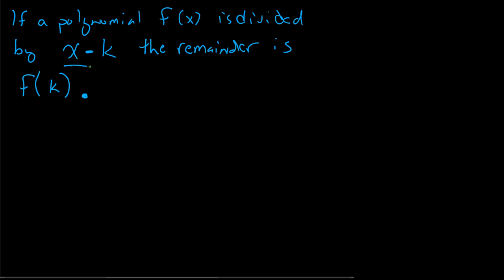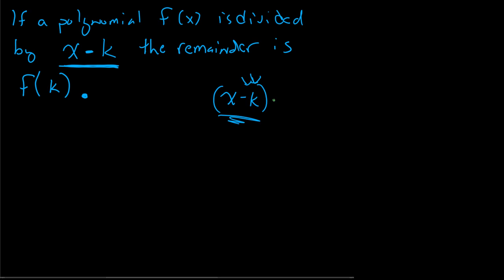Notice this. x minus k is a factor. In fact, it's a factor that we can look at, hey, k could be a root or a zero, this thing we're working towards using. Now, this doesn't tell us the answer of the division, but it does tell us if it has a remainder or not. And here's how we can look at it.